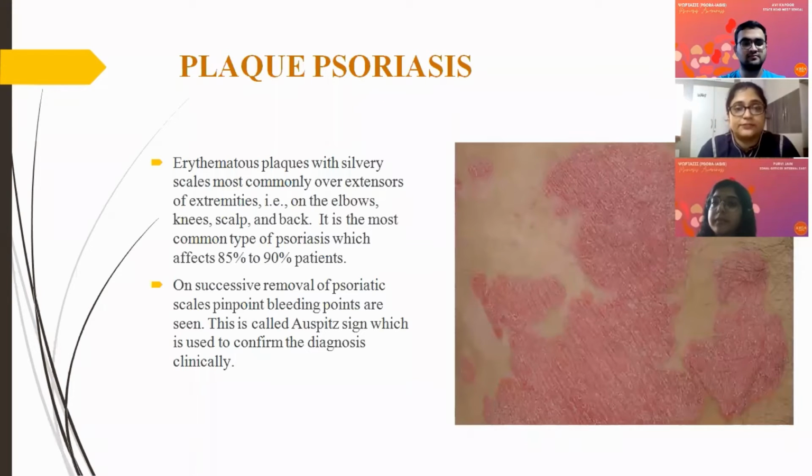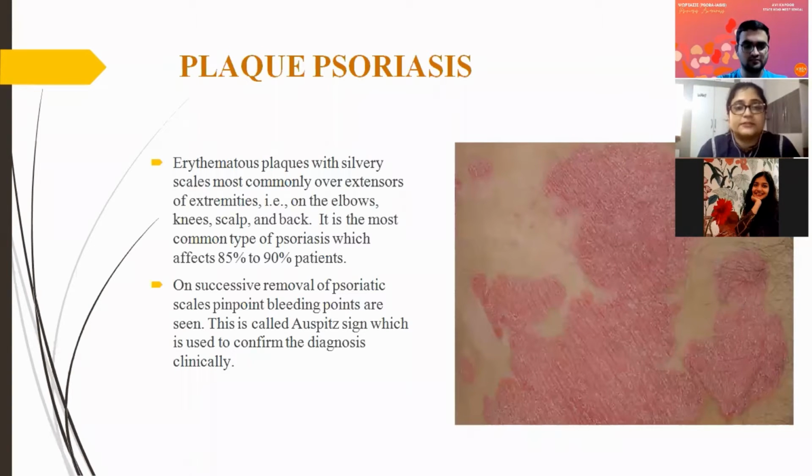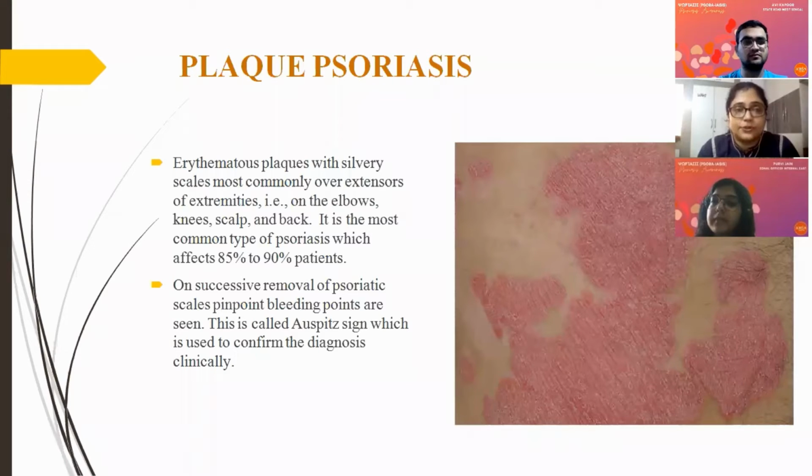On successive removal of psoriatic scales, there are pinpoint bleeding points, and this is known as the Auspitz sign. In the next slide, I will show you how it is performed, the test to see the Auspitz sign.